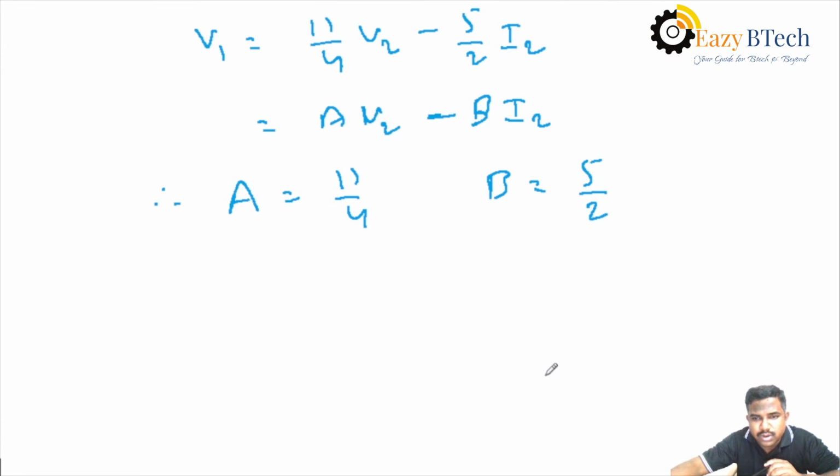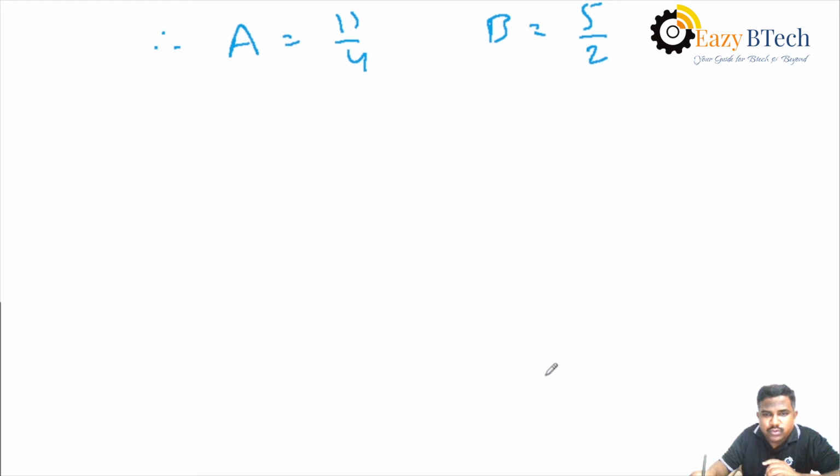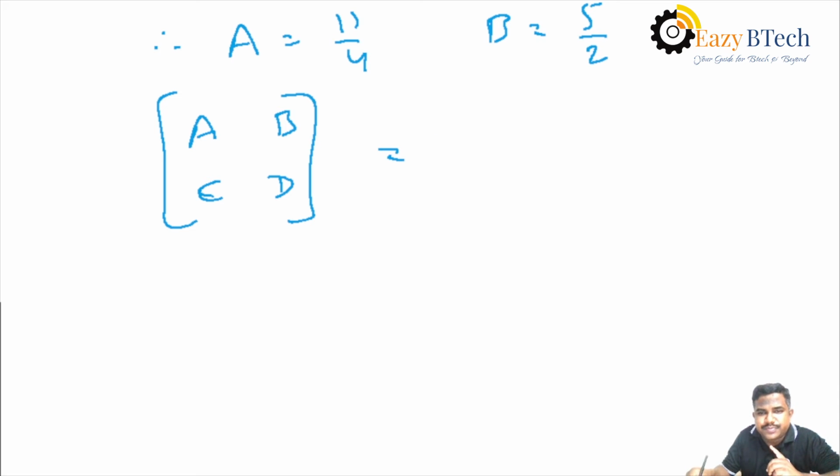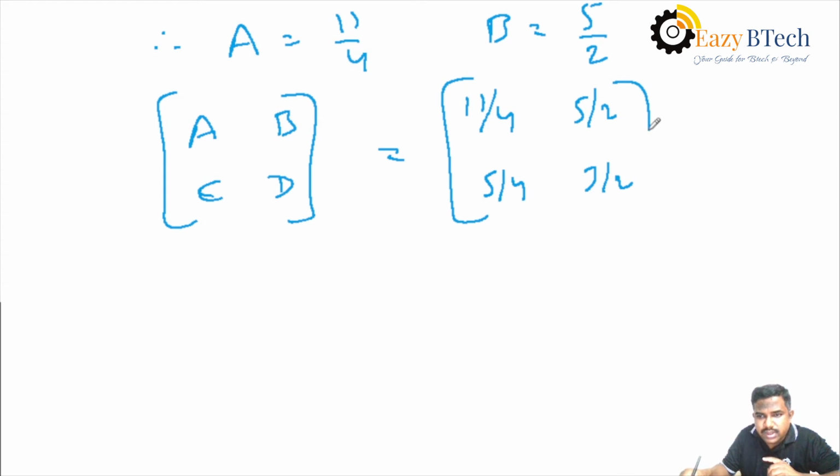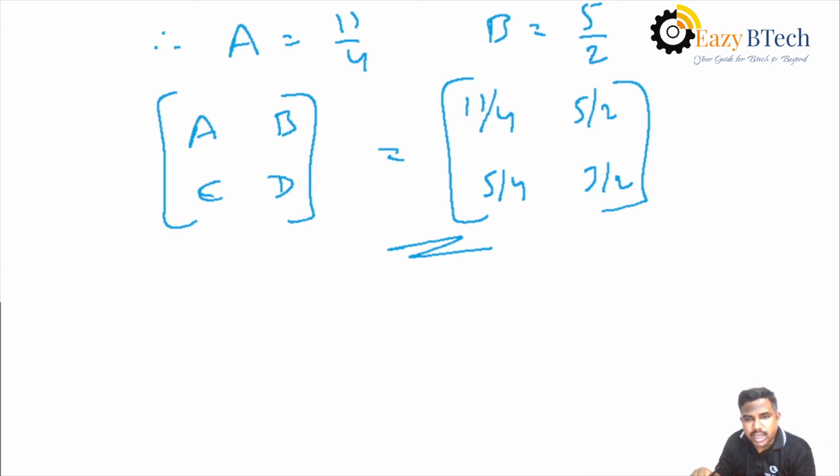Therefore, after finding the values of two-port network parameters, you must write down the values in matrix form in examinations. What is the value of A here? That is 11 by 4, B is 5 by 2, C is 5 by 4, and D is 3 by 2. In this way, we find the ABCD parameters for the given network.